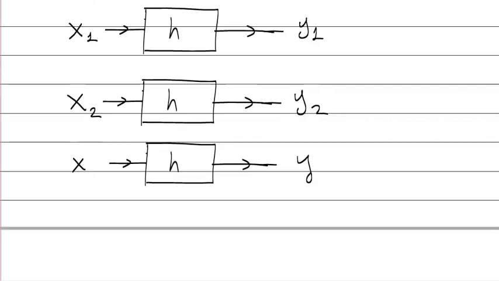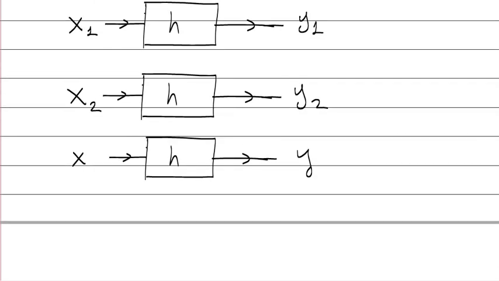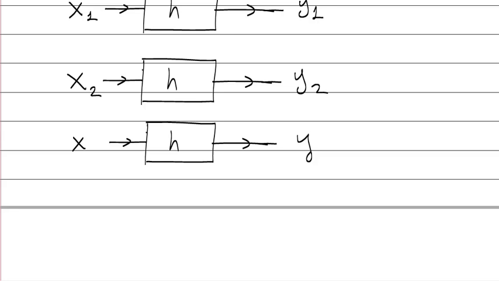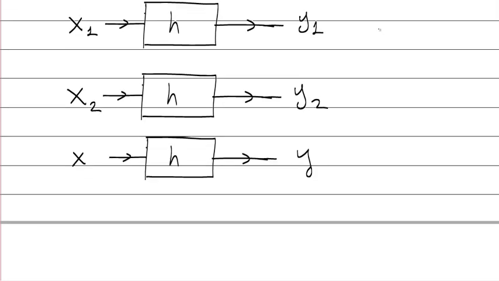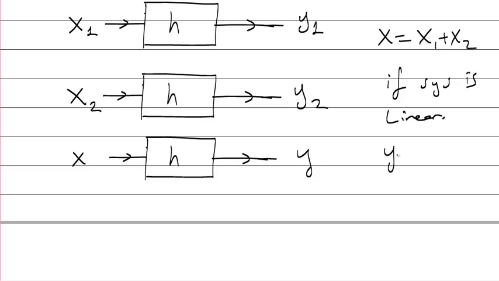If that system is linear, if it contains linear components, I can say, I know this. If the system is linear, Y should be equal to Y1 plus Y2.